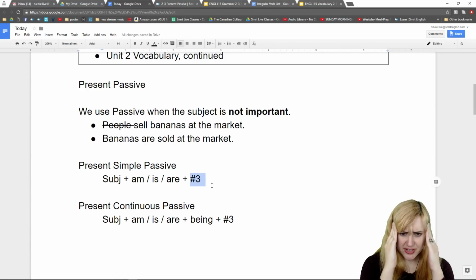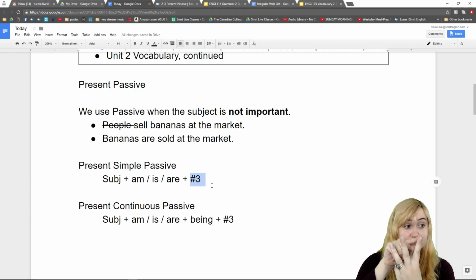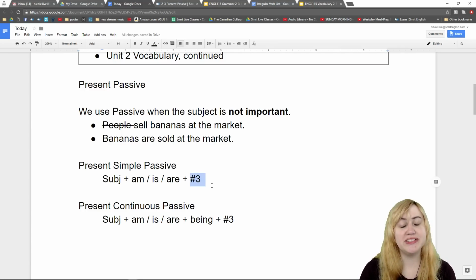When you study verbs and you go, went, gone, gone is our verb 3. It's called a past participle. But for this lesson, we'll just say verb 3.